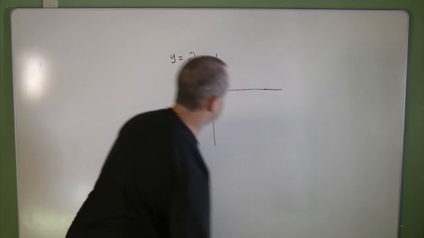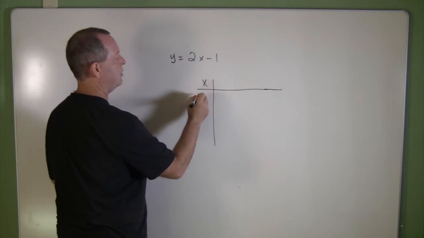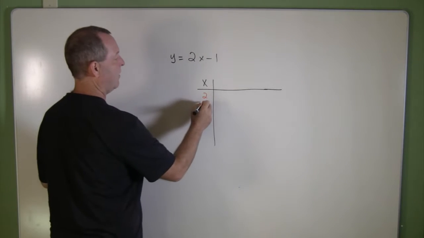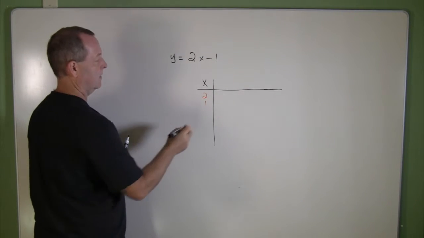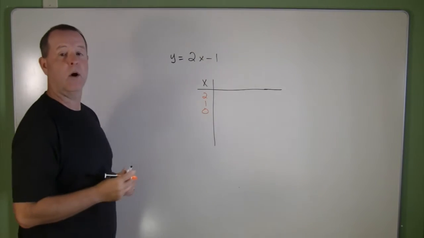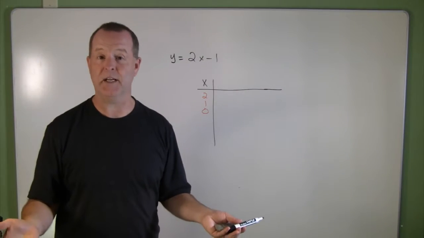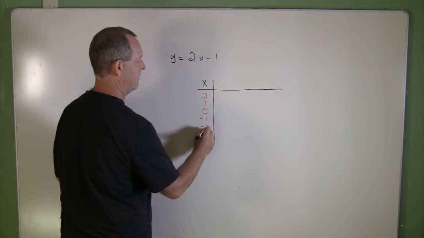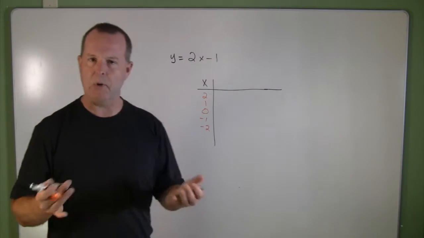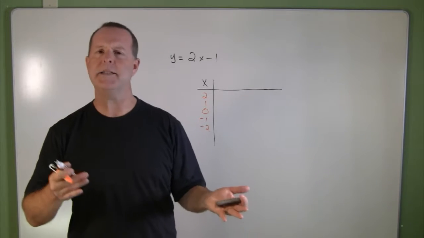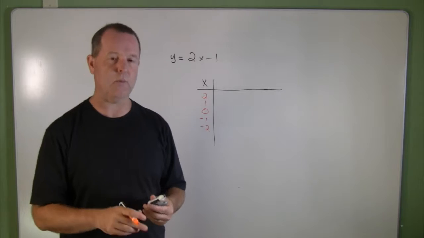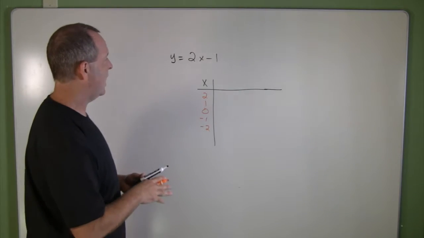Let's find out what happens when x is 2. Let's see what happens when x is 1. Let's see what happens when x is 0. I love using 0. 0 is always a great number to use. And then I'm also going to try -1 and -2. Some smaller numbers, a couple of positive, a couple of negative, and 0.